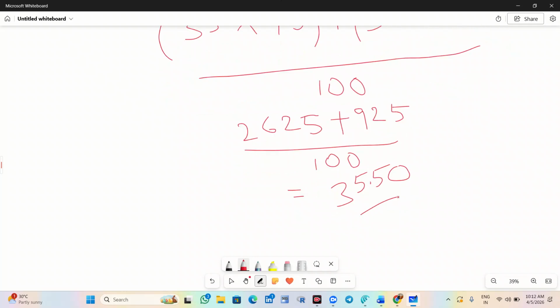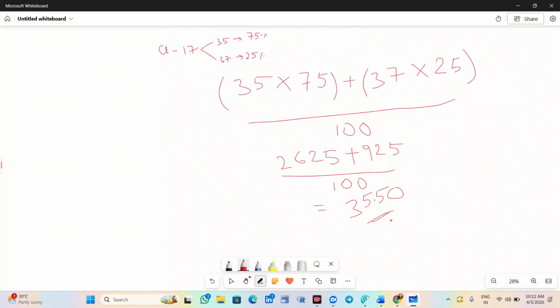So the relative atomic mass of chlorine will be 35.5.